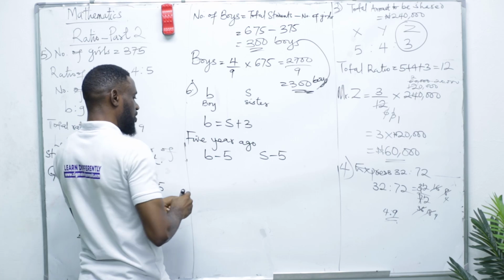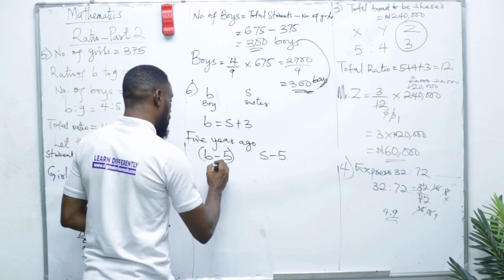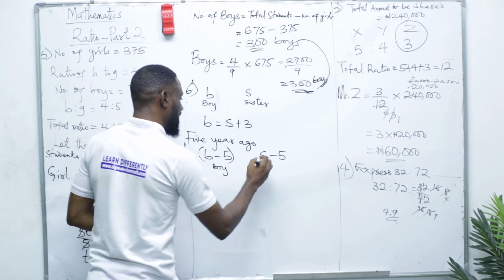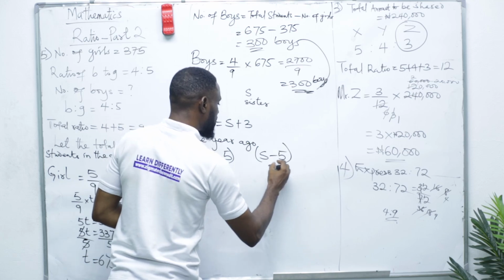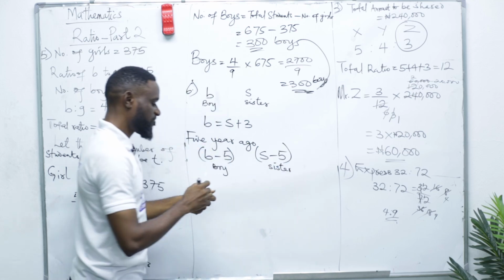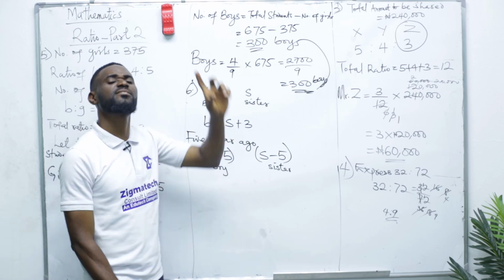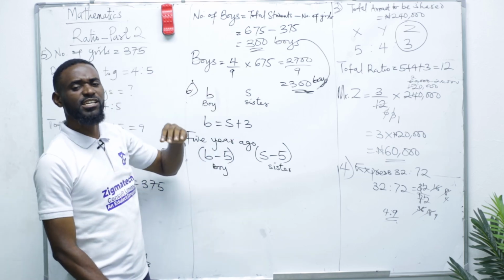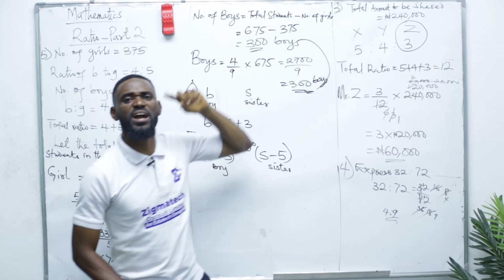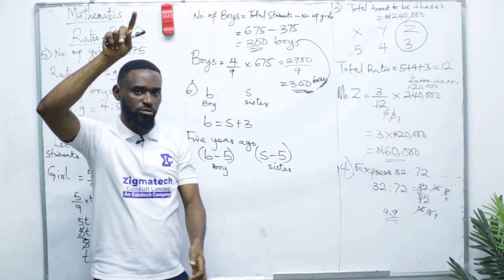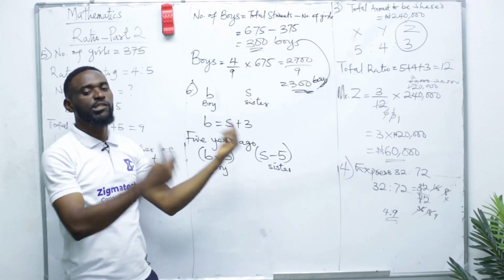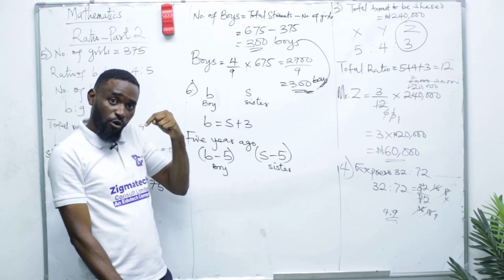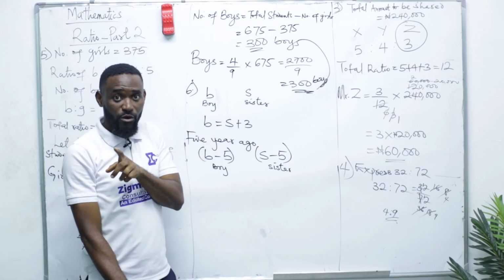Do you understand me now? Why did we subtract 5? Because it is years ago. If the question is in 5 years' time, it will be addition. But ago, it will be subtraction from their main age. Is that okay now?